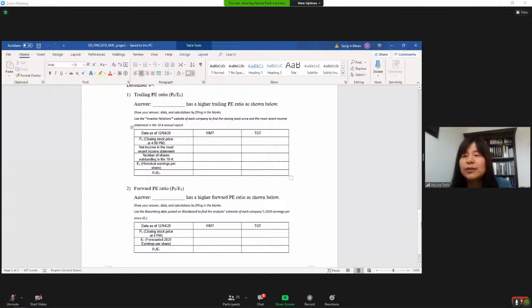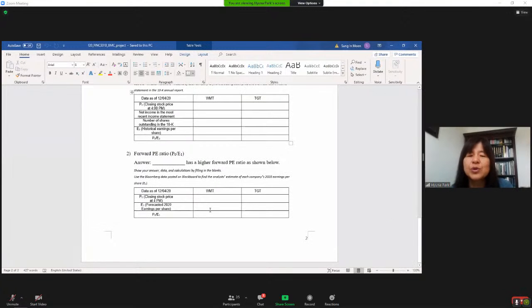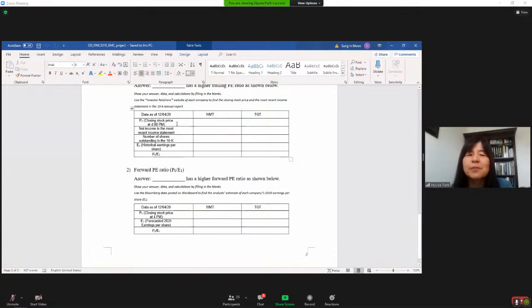But to calculate the forward PE ratio, you need the forecasted earnings. And also you need the stock price data. So I'm asking you to use the stock price as of December 4th.